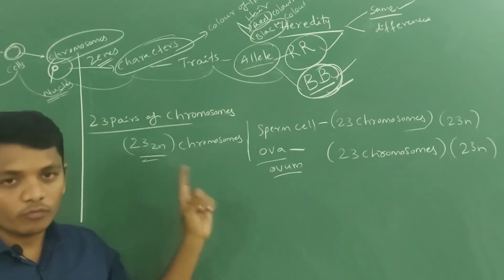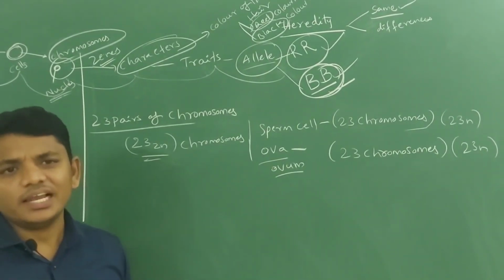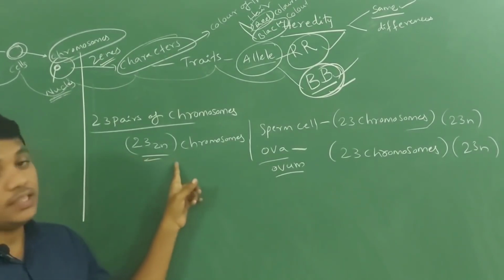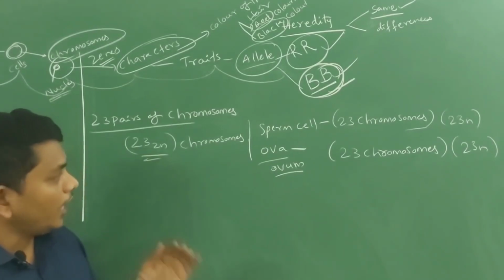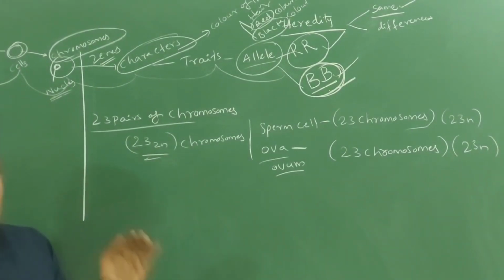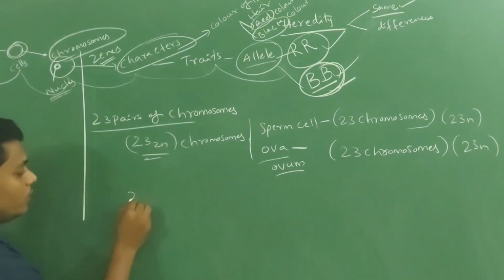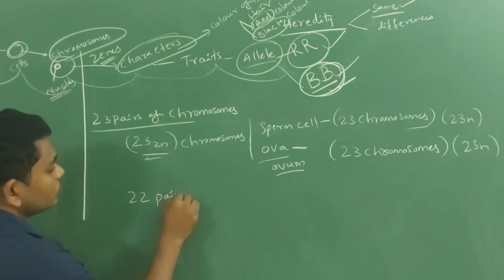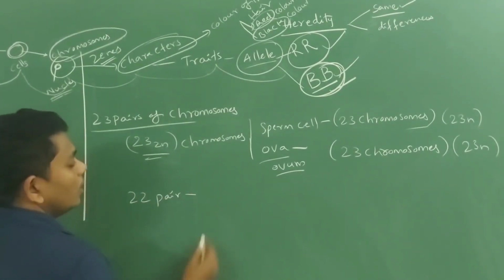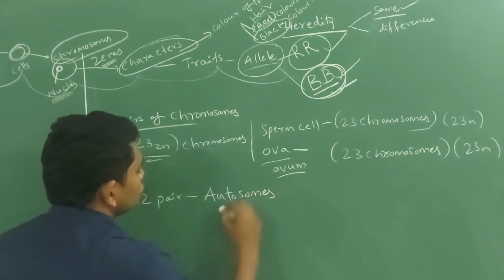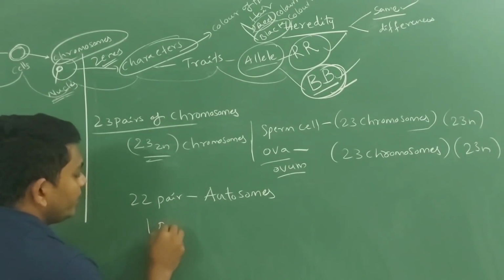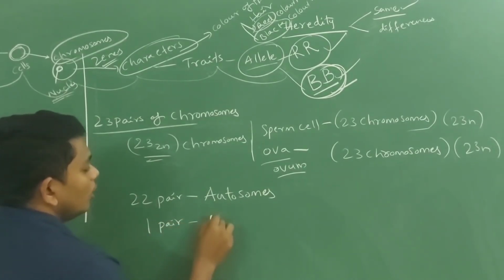Except the sperm cell and ova, every cell contains 23 pairs of chromosomes. Among these 23 pairs, 22 pairs are autosomes and one pair is allosome.